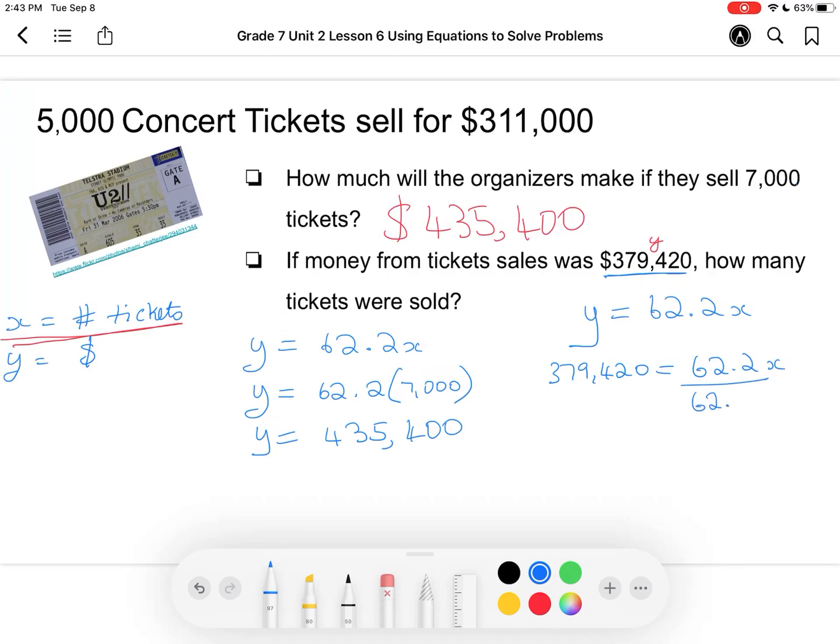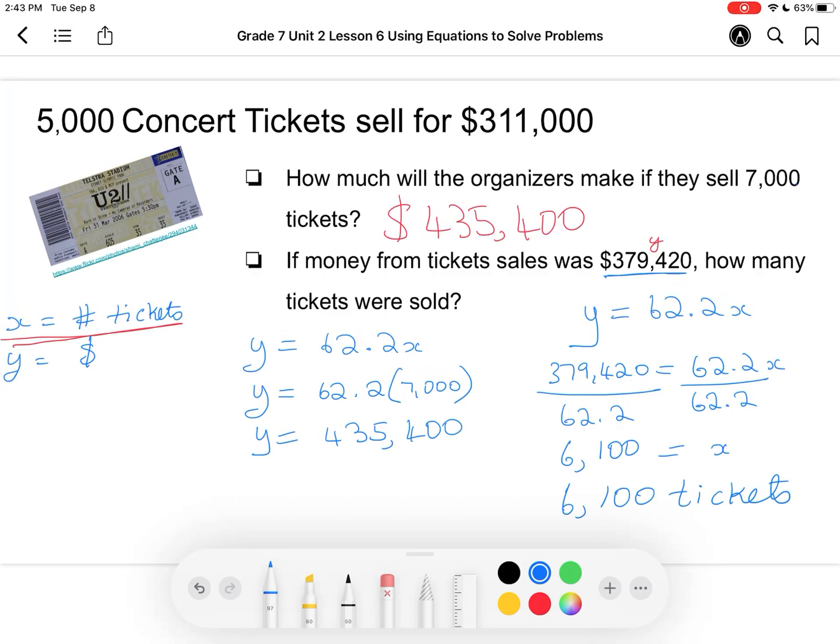I'm going to divide both sides by 62.2 to find just X, and I'll get X is equal to 6,100. So how many tickets were sold? 6,100 tickets.